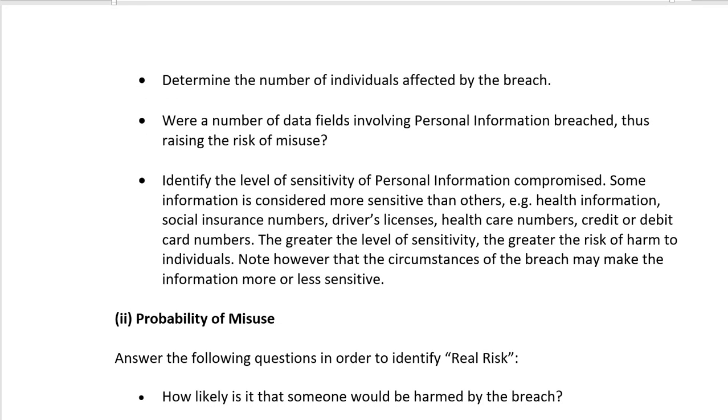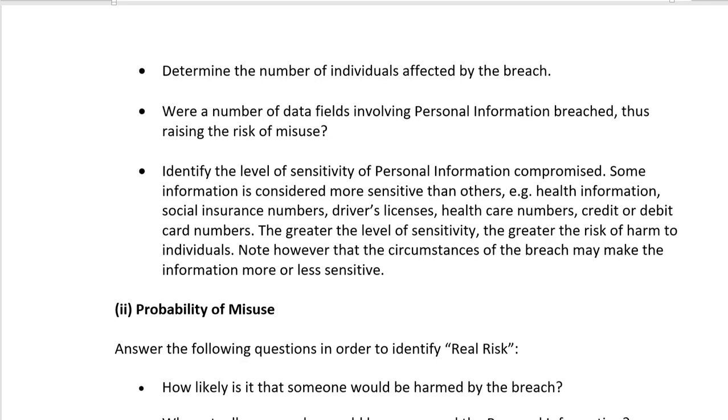Things like health information and social insurance numbers are all very sensitive data points, and so it's going to be more significant under those circumstances.